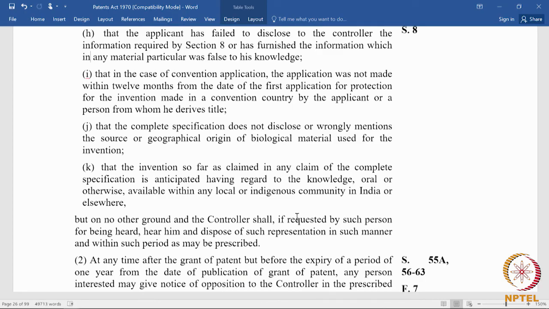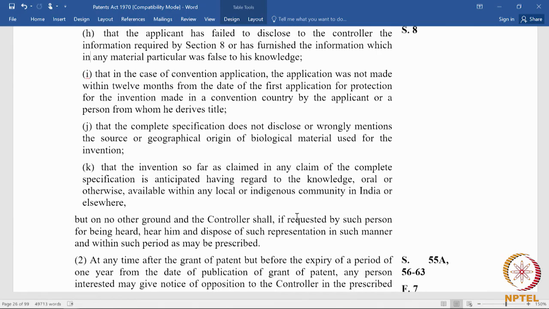When the controller refuses, we will understand that as a refusal under section 15, because section 15 gives wide power for the controller to refuse, and a refusal of an application pursuant to a pre-grant opposition is still understood as a refusal under section 15, because what is refused is still an application, and the only power for the controller to refuse an application comes from section 15.